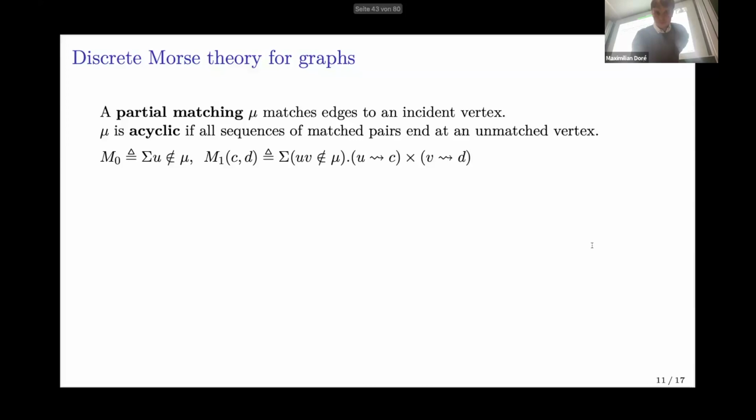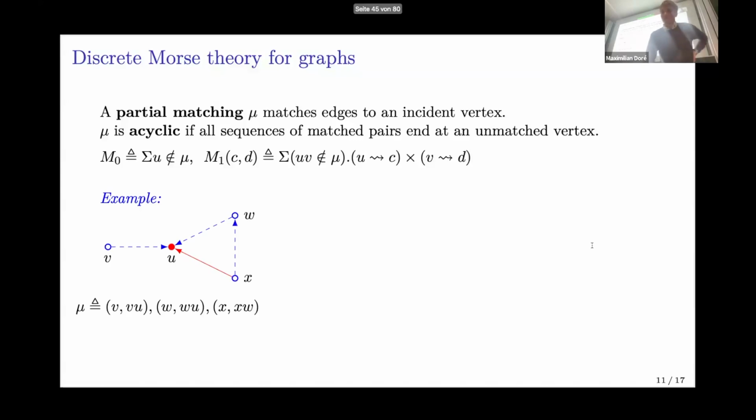If you look at the example here on the bottom left, we have a small graph containing only 4 edges and vertices. Then a matching would say, I match V to VU, and this vertex to this edge, and this vertex to this edge. And it's acyclic because even if I follow along this sequence of matched pairs, I end up at U, and I can't go in a circle.